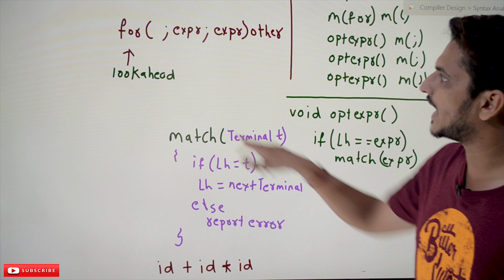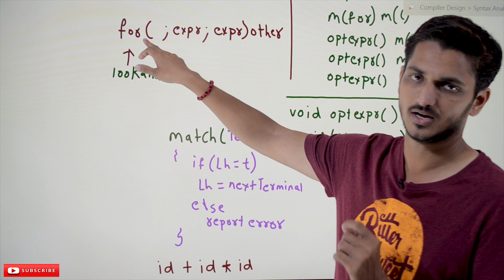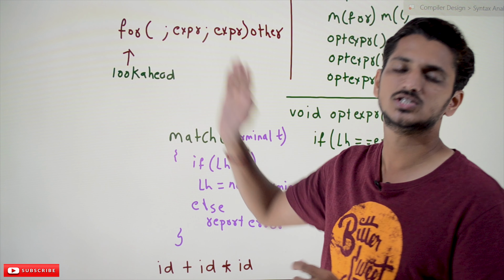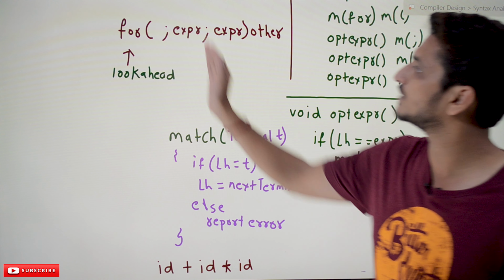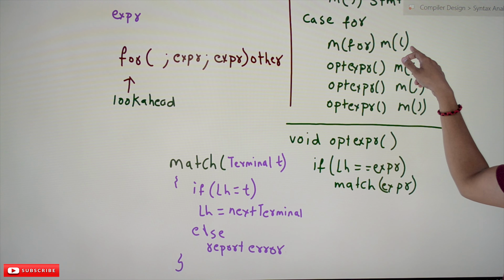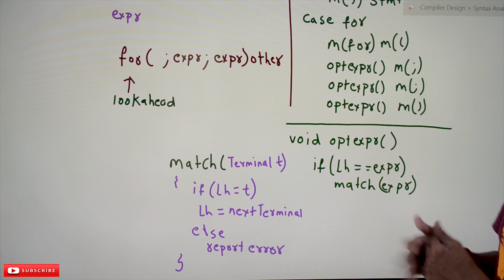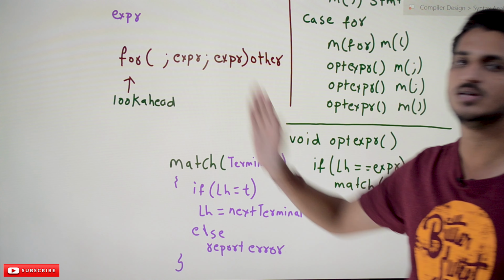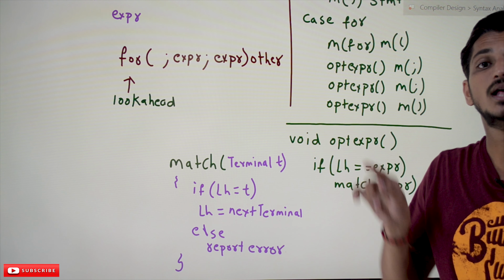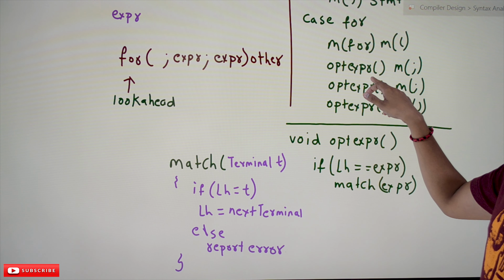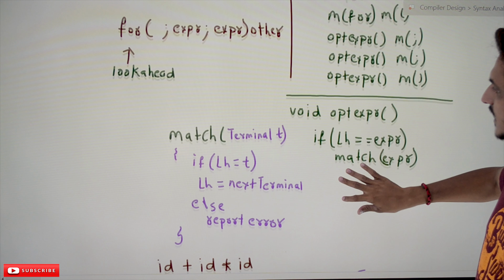If the input matches the for keyword, the lookahead moves to the next input symbol. What's the next input symbol? Open bracket. Now we again call match of open bracket. If it matches, the lookahead moves to the next input symbol, which is semicolon. But what does the grammar say? Optional expression. We are calling optional expression.